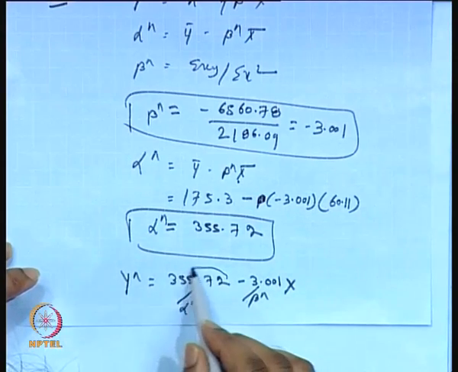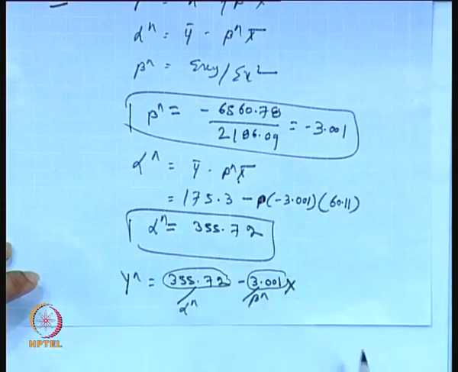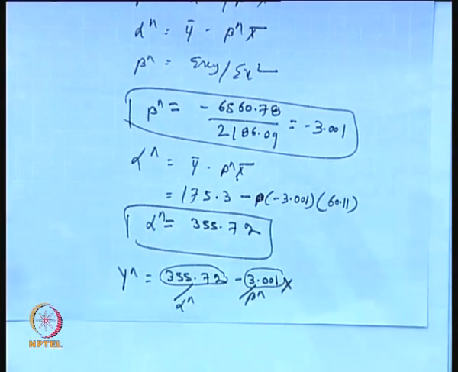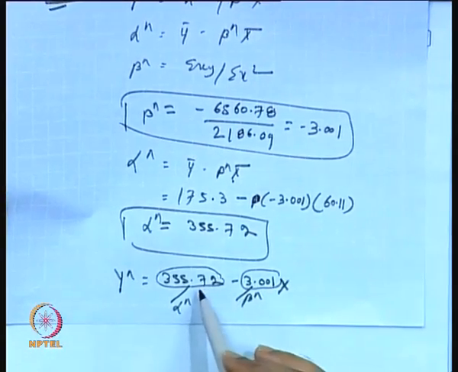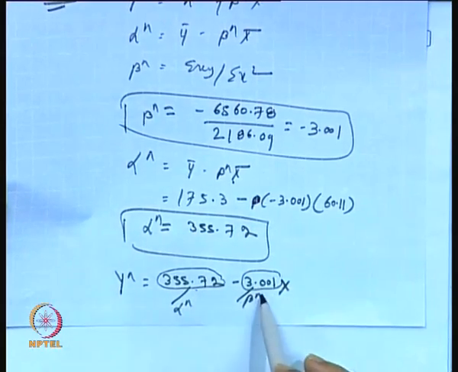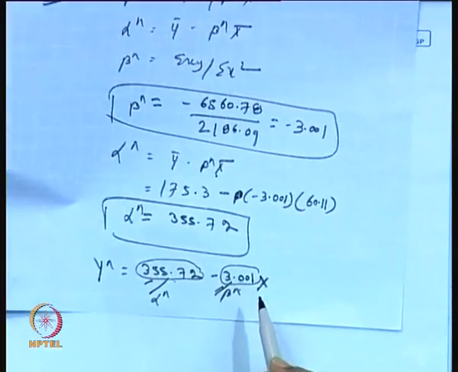So, this particular item represents alpha head and this represents beta head, and the slope is coming negative. So, by default they are negatively related to each other. Now, the next item is to check whether these parameters are statistically significant. For that you need to calculate the variance of alpha head and variance of beta head, followed by the standard error of alpha head, standard error of beta head, t of alpha head and t of beta head.